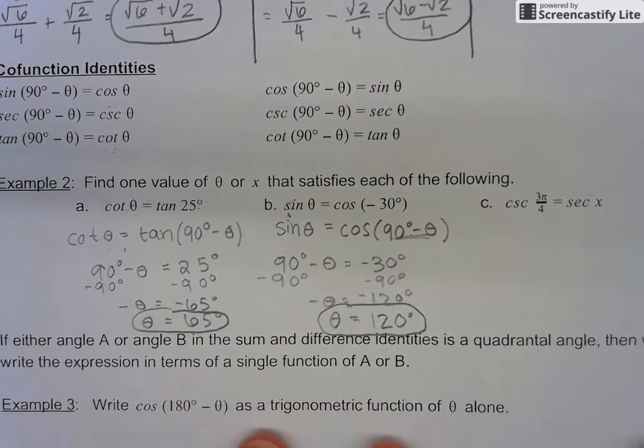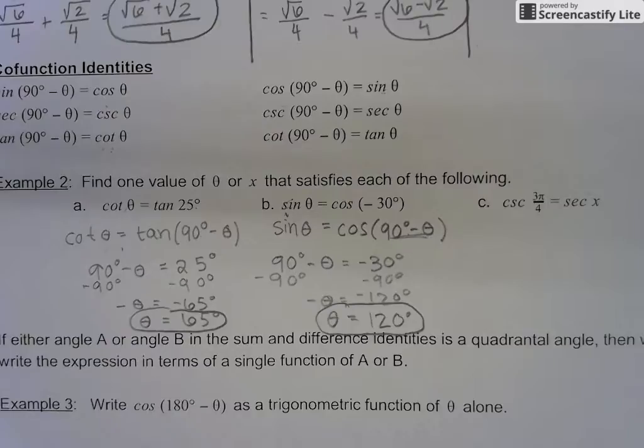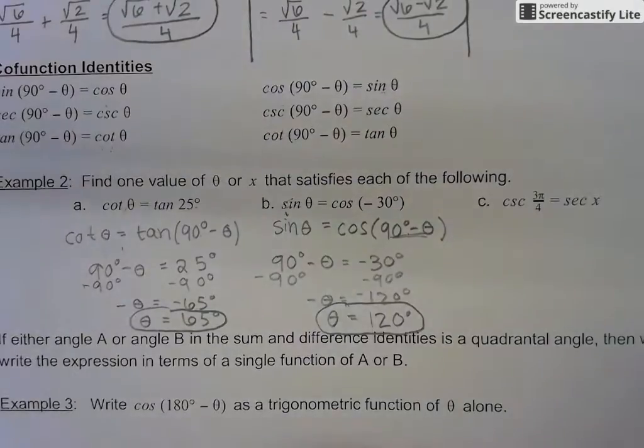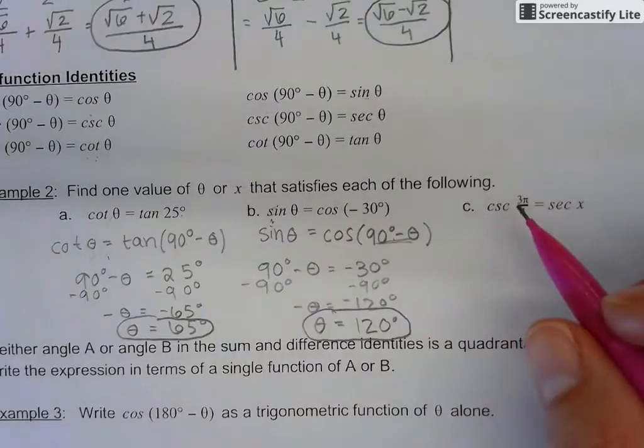All right, for the last one, we have cosecant of 3 pi over 4.